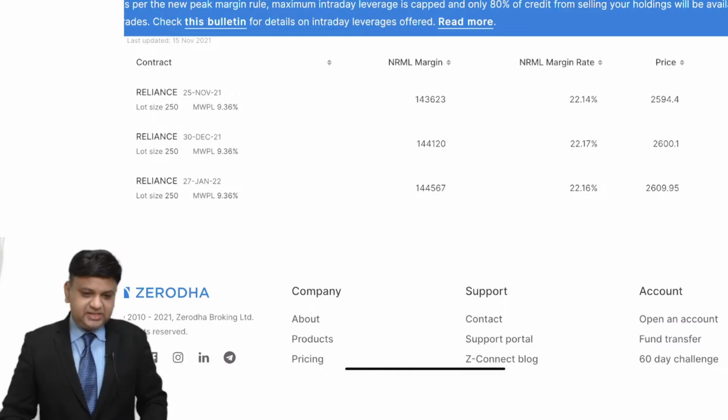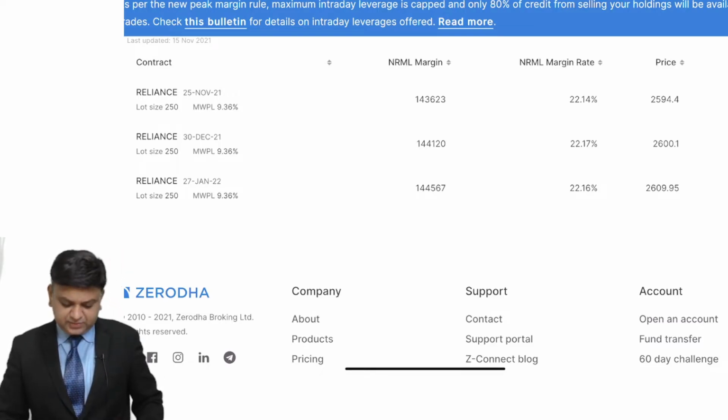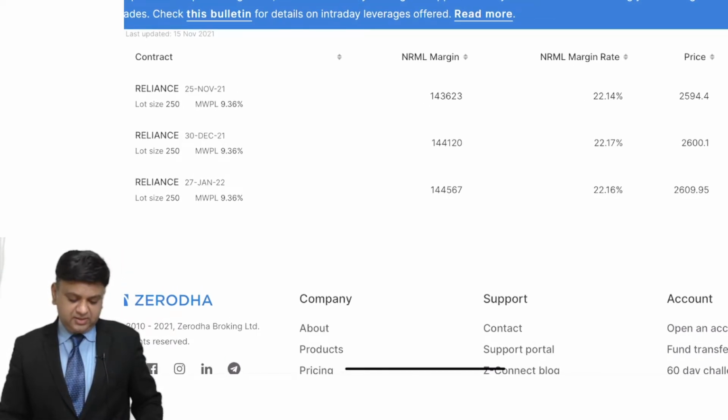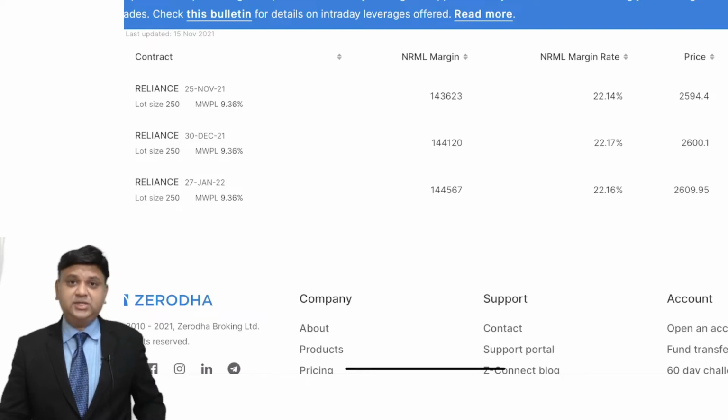So over here we can see that if at all we take into account this practical quotation, then at this point of time for 25th of November the futures price is 2594.4. The amount of the margin that you have to pay is 1,43,623.